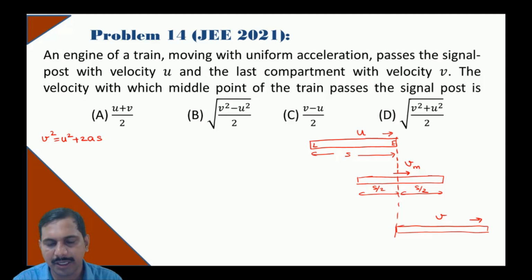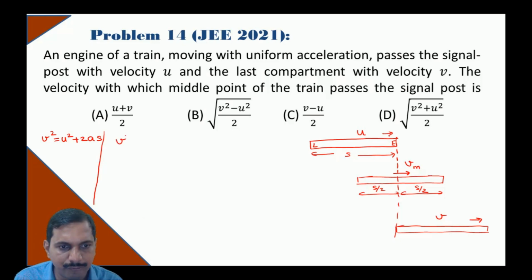So let us find out this velocity in the middle. First of all, from u to Vm, it is accelerating, right? So we will have this first equation like this. We will say Vm square is equal to u square plus 2a. Here you see it would have moved by s by 2, so I will use s by 2 here.